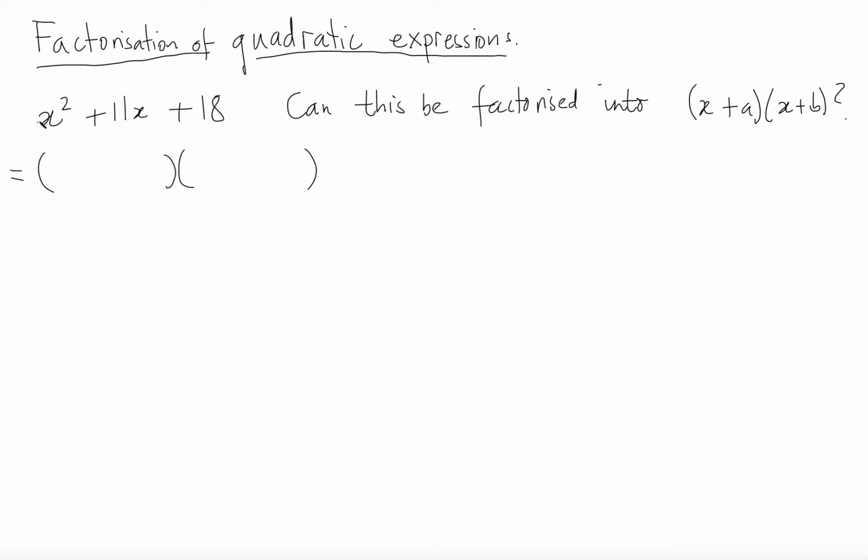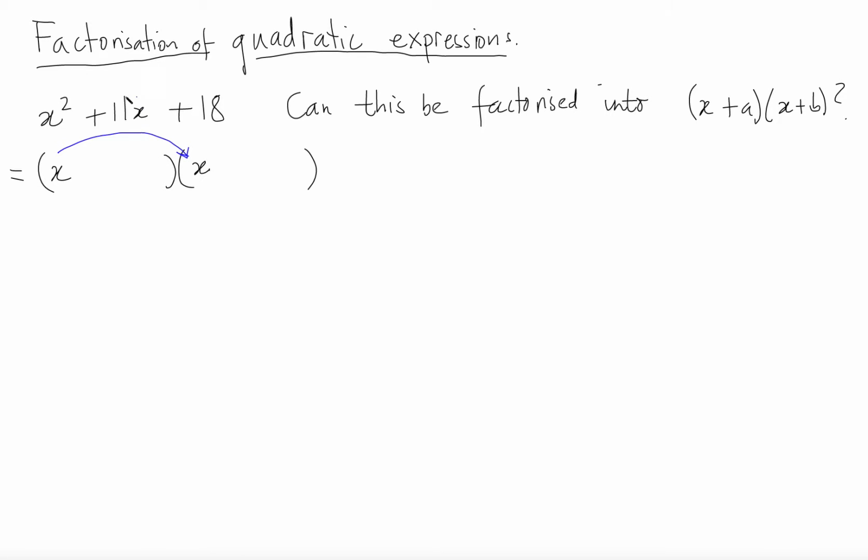Now, how can we get x squared? Well, that's simple. The only way we can make x squared is having an x multiplied by an x. That will give us an x squared from the rules of multiplication of brackets.